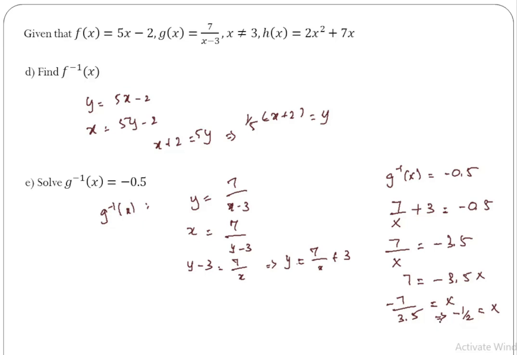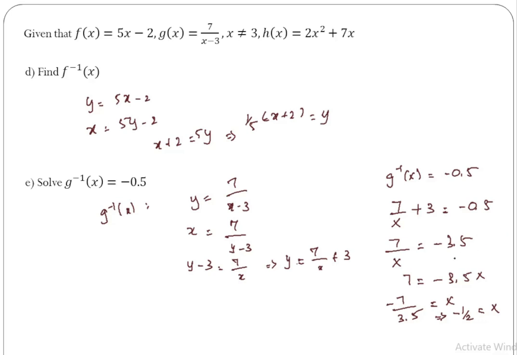Okay, shall we check once again? Let's check from the answer. Sorry, one moment. 7 by x plus 3. We have to subtract 3 on both sides.